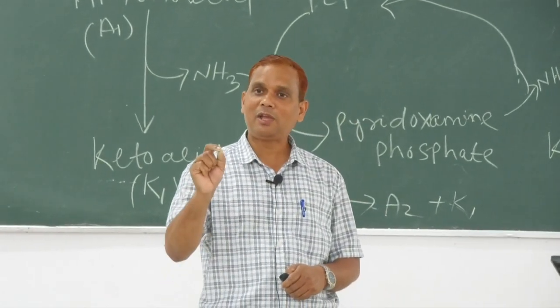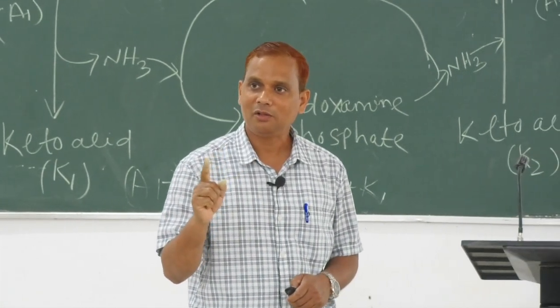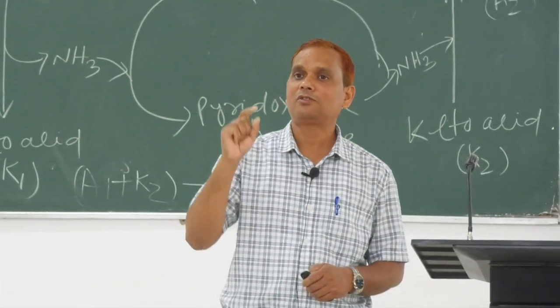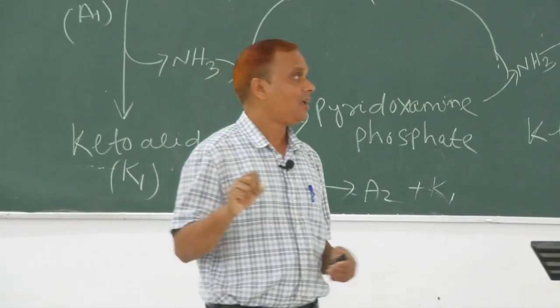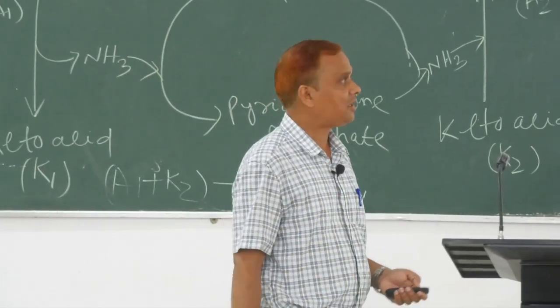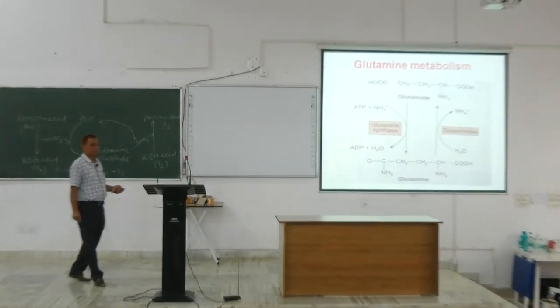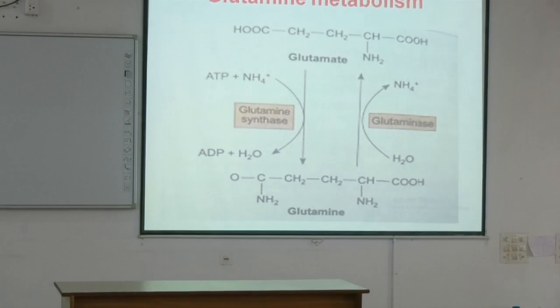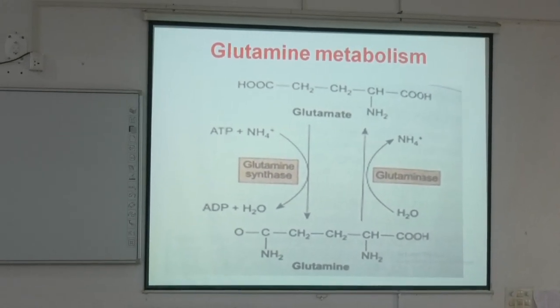Understand? So glutamine metabolism is a subtle step. You should be able to write about glutamine metabolism. Glutamine is the non-toxic source. How is it formed? It is formed from glutamate by the help of the enzyme glutamine synthetase. This reaction is energy dependent.